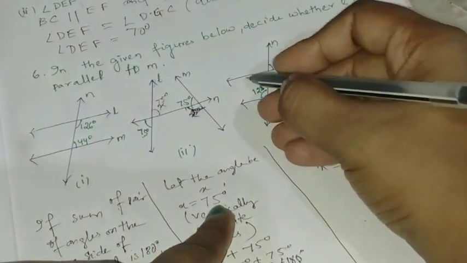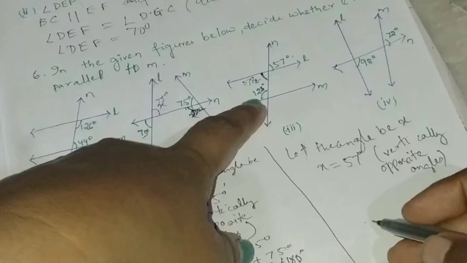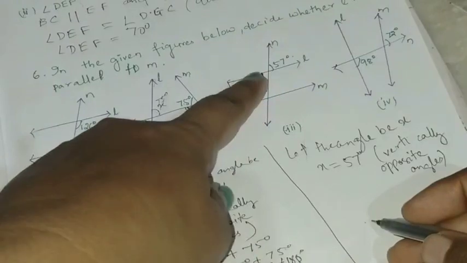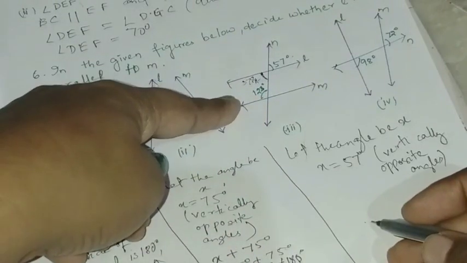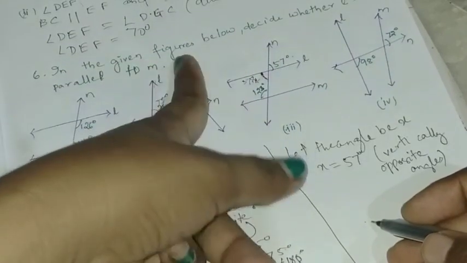Next we got this one as 57 degrees. Next x plus 123 degrees. These two are the interior angles on the same side of the transversal.